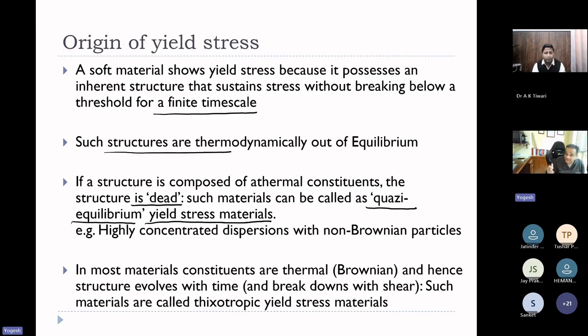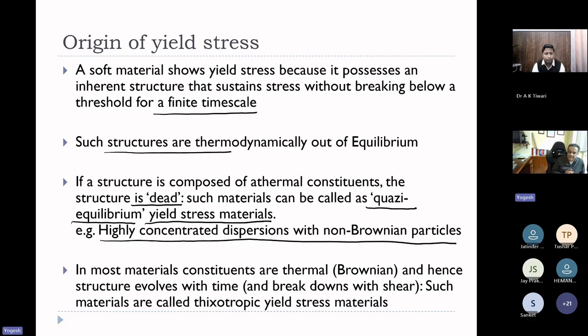Although they are not at thermodynamic equilibrium, their structure is dead, so the possibility of achieving equilibrium by itself is practically absent. A typical example is a highly concentrated dispersion with non-Brownian particles.